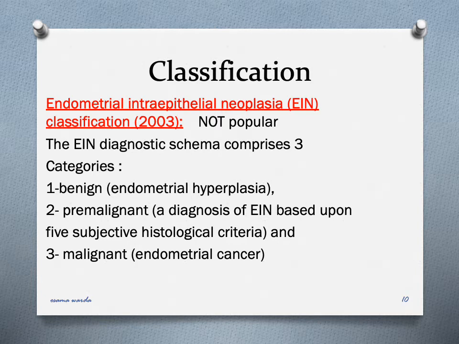The endometrial intraepithelial neoplasia diagnostic scheme comprises 3 categories: benign endometrial hyperplasia, premalignant endometrial hyperplasia, a diagnosis of endometrial intraepithelial neoplasia based upon 5 subjective histological criteria, and a malignant category which represents endometrial cancer.